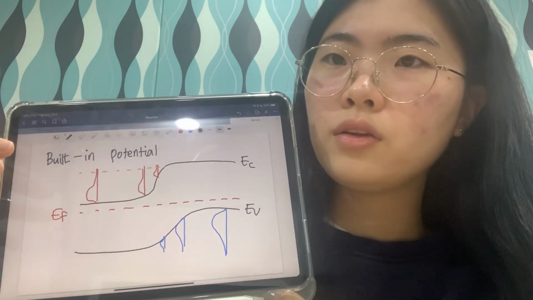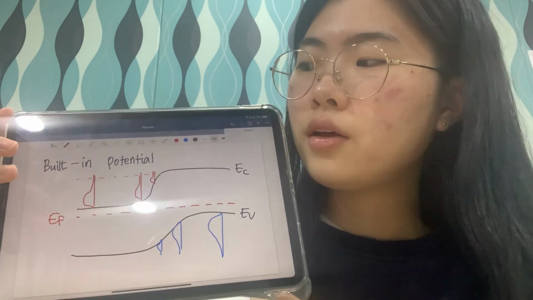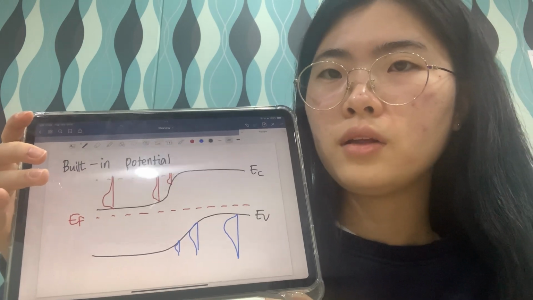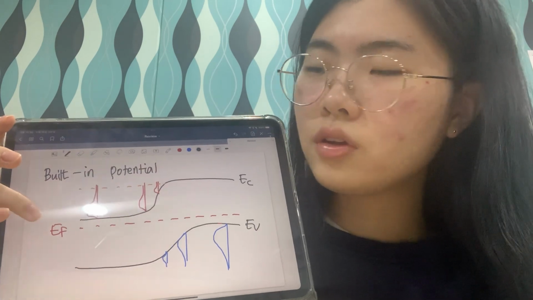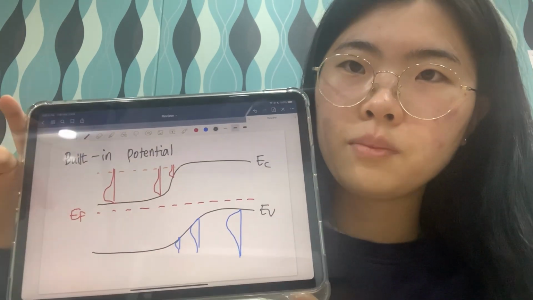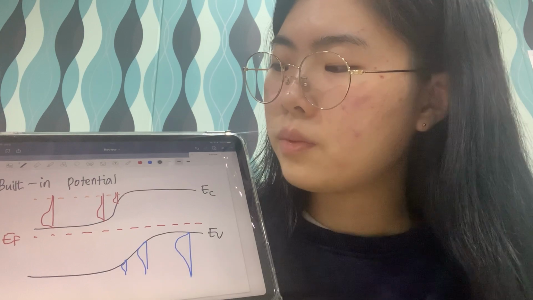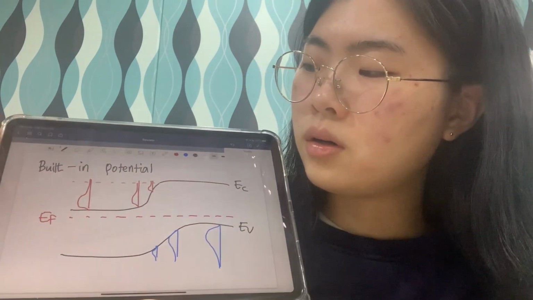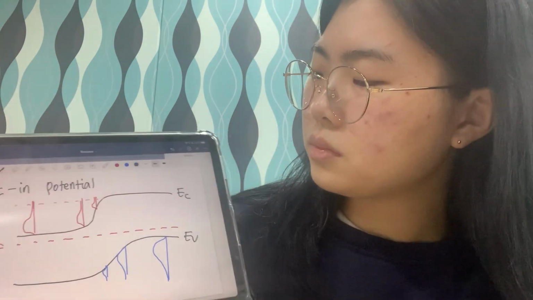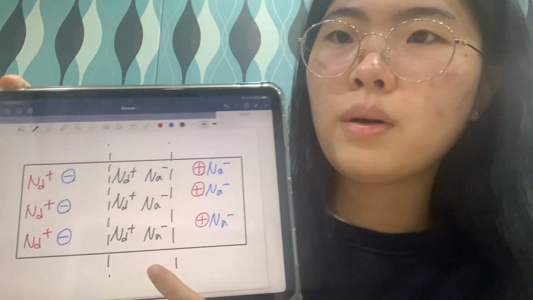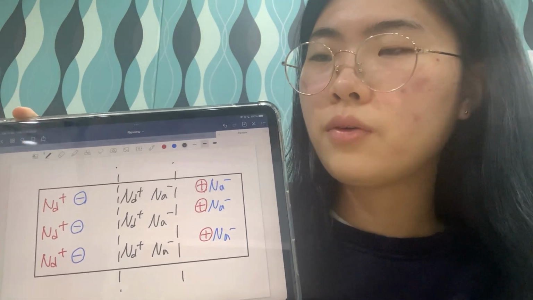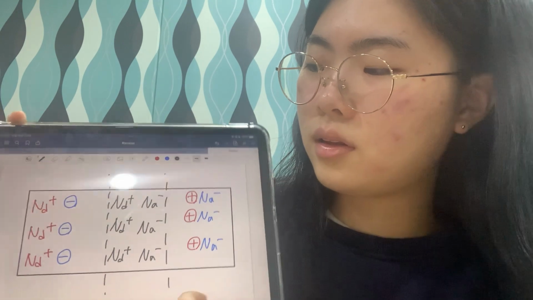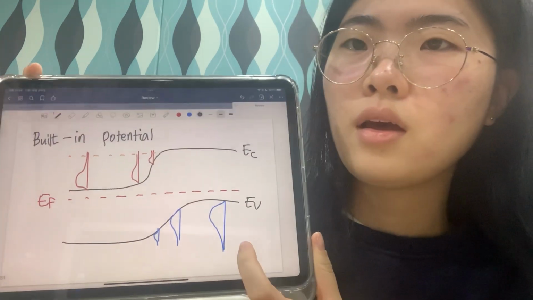You should know that if the state is thermal equilibrium, you should draw the Fermi level at the same level. Then let's talk about the specific diagram.